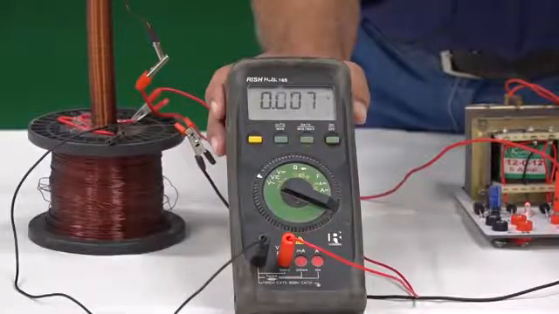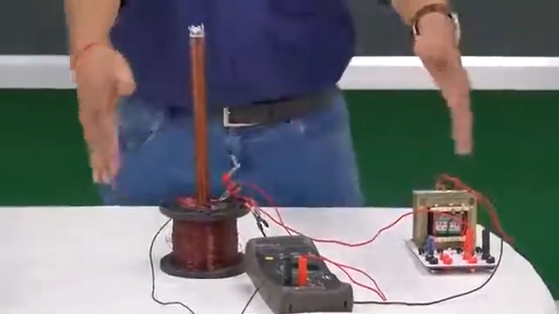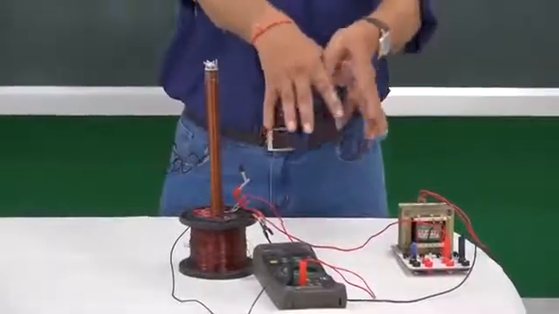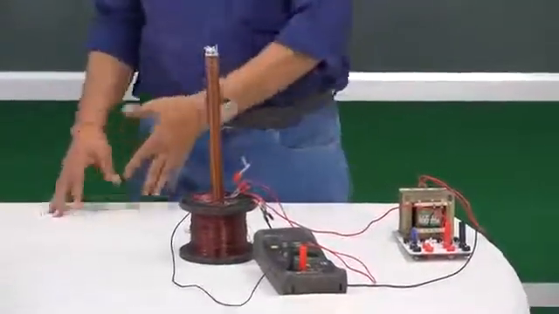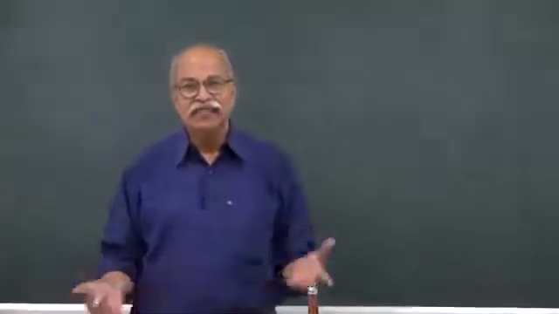So, that is the experiment. The EMF which is produced in this circuit is different, and once I put this multimeter on this side, it is different. The explanation is pretty simple.